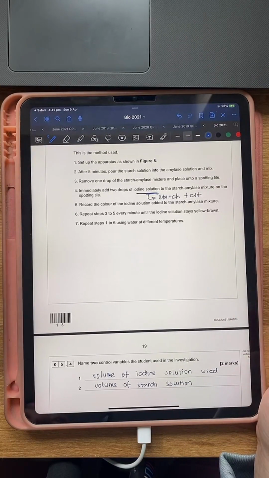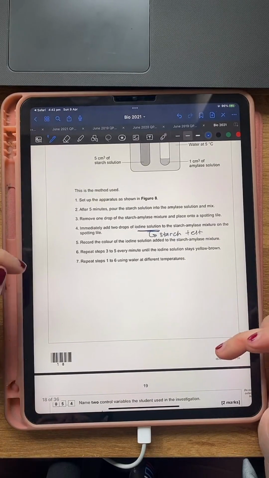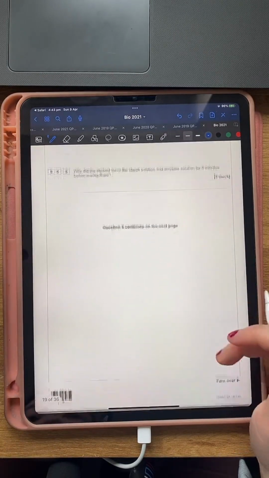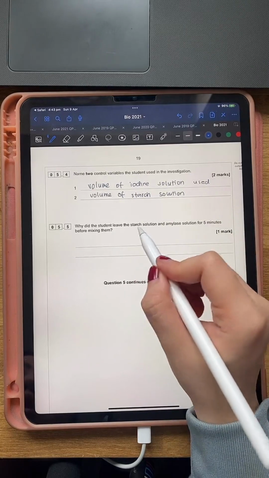Why did the student leave the starch solution and amylase solution for 5 minutes before mixing them? Okay, so the clue here is that we're going to leave behind the starch solution for 5 minutes before mixing them. We know that we put them inside the beaker here, which is at a temperature of 5 degrees Celsius.